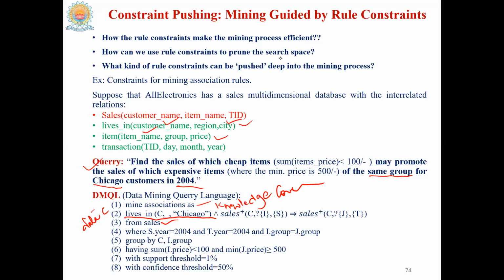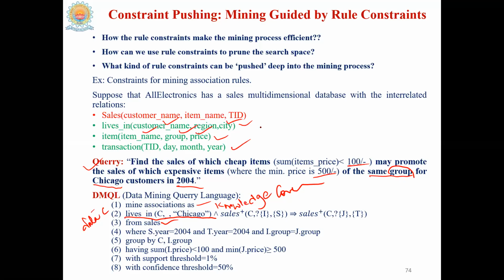Are group and price required or not here? Since they are asking that all the items should belong to the same group, group is required. Again, they have mentioned something related to the price, so price is also required.